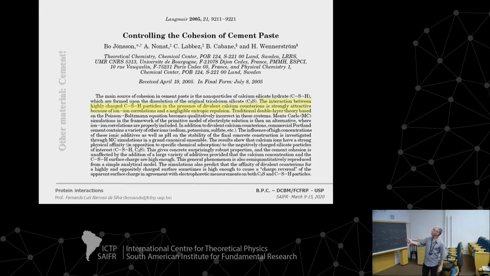You can see the interaction between highly charged CSH particles in the presence of divalent ions, so all the time it is the valence of the contra ions, strongly attractive because of ion-ion correlations. So ion correlations are the answer under this regime, where you have a highly charged object in the presence of highly charged contra ions.